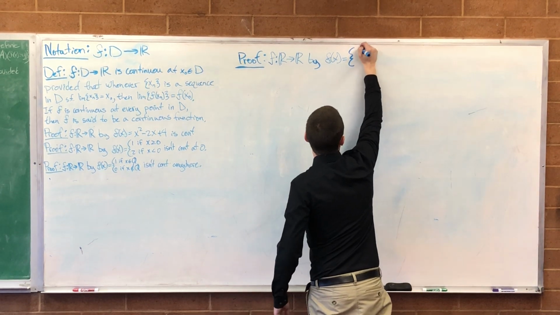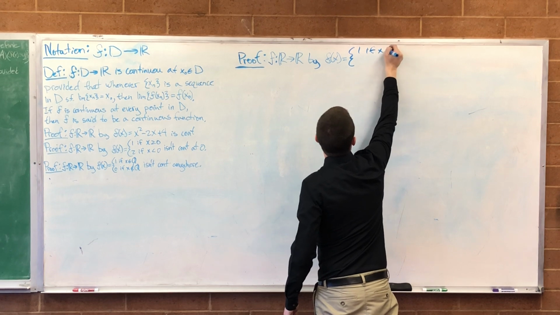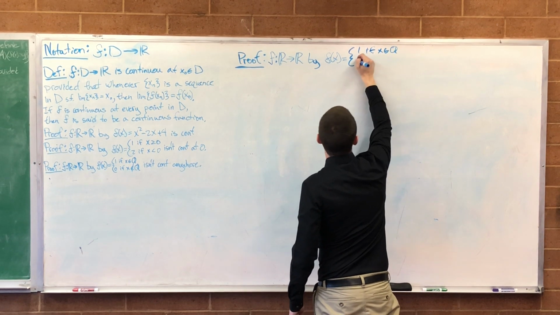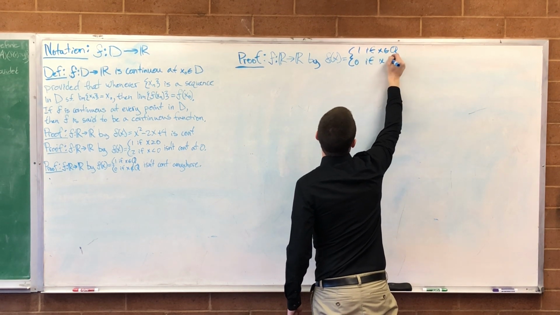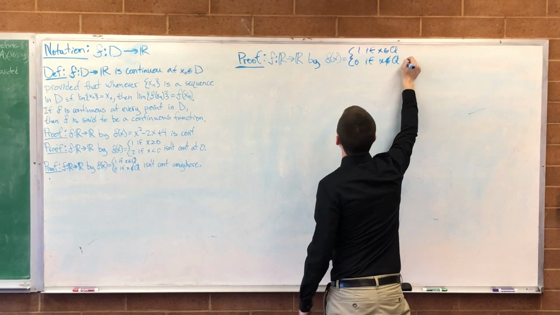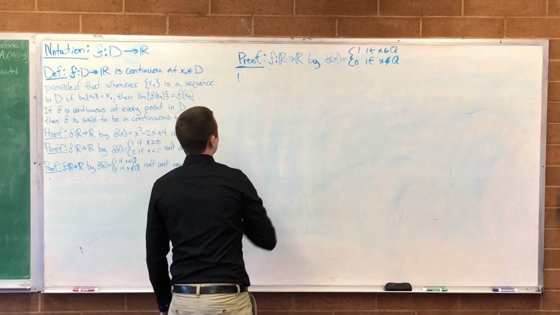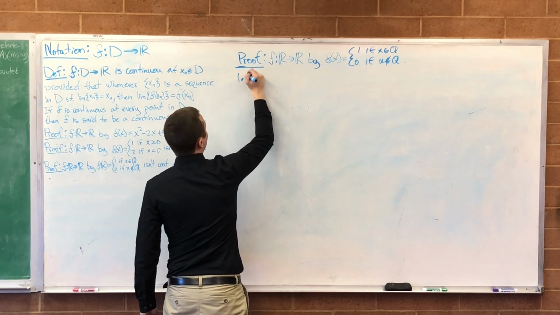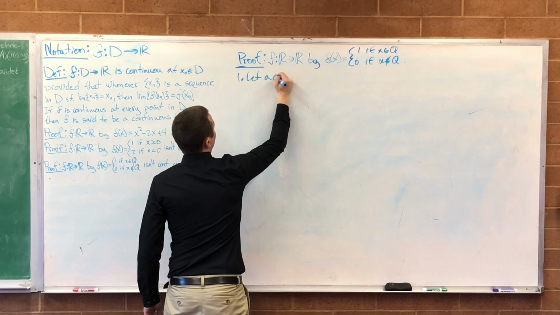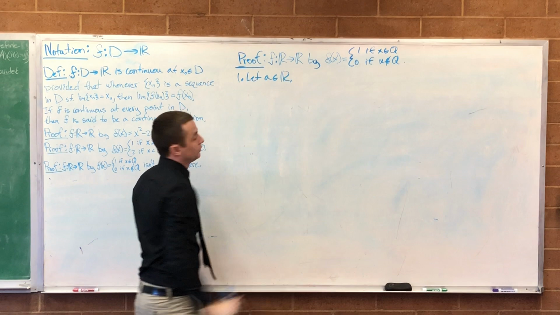So we've got some function, it gives you 1 if x is rational, and it gives you 0 if x is irrational. So we're going to prove it's not continuous anywhere. So 1, let A be any point in R. We have two cases.